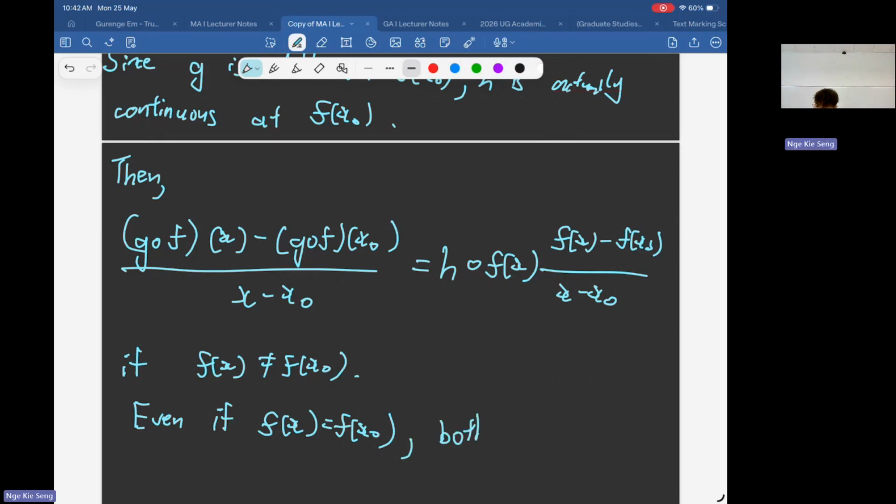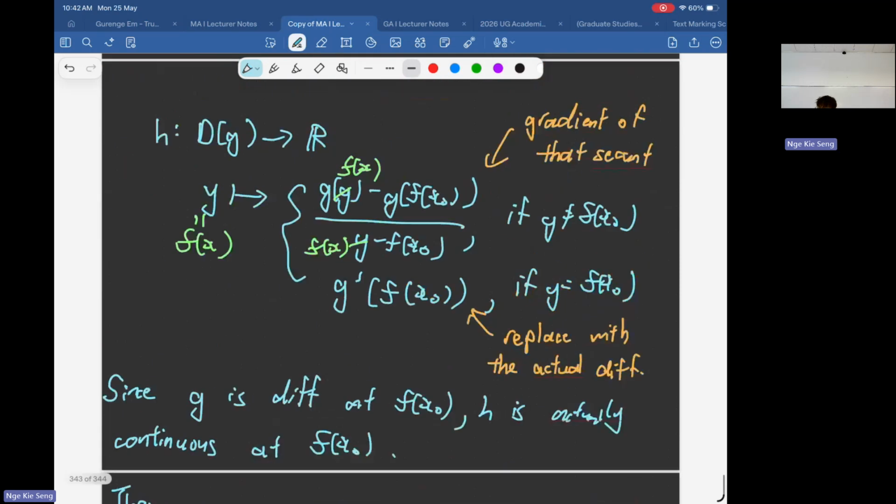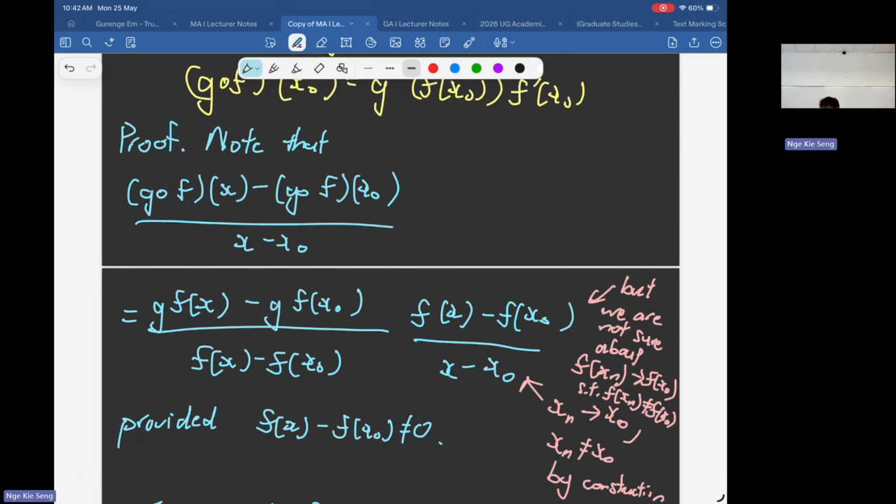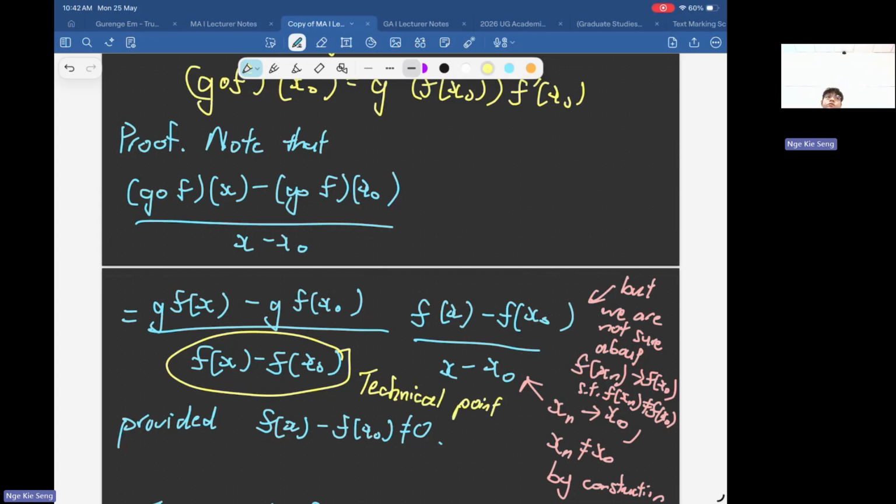Both sides will be 0. So what have we done here? This is a technical point, actually. If you split your quotient like this, there's a technical point here that you need to address. So how do we avoid this technical point?